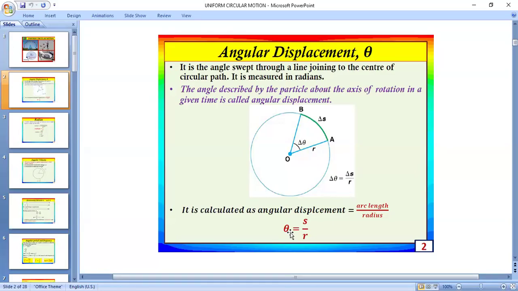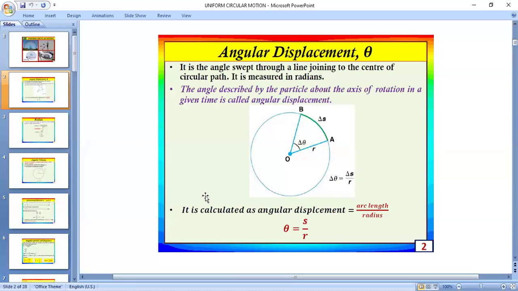So theta equals 2 pi r, which is our circumference, over r. Therefore, r cancels and we remain with theta equals 2 pi radians. So if a body revolves around the circle and comes back to the starting point, then it has covered 2 pi radians. In other words, we can say 2 pi radians are equivalent to 360 degrees.